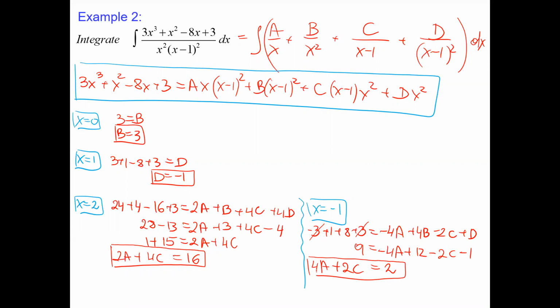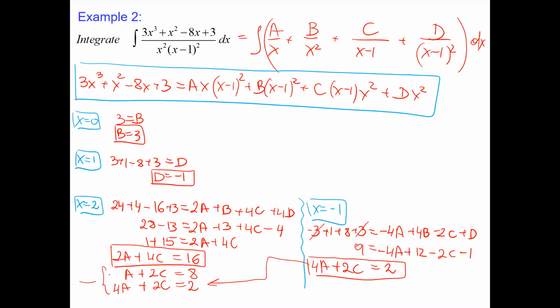Okay. What we can do, we can actually divide one of them. Let's divide this one by 2. This will be a plus 2c equals 8. And when I put the second equation underneath, we will have 4a plus 2c equals 2. Yes, I just did this.